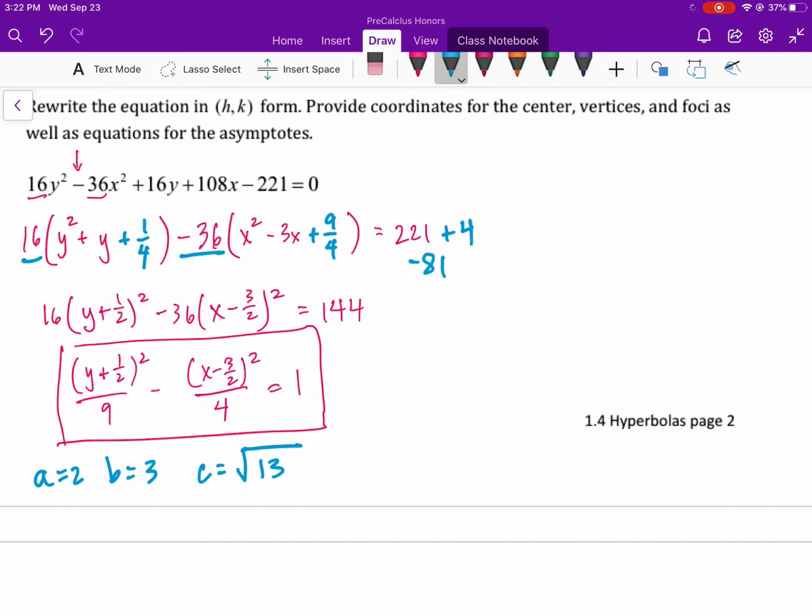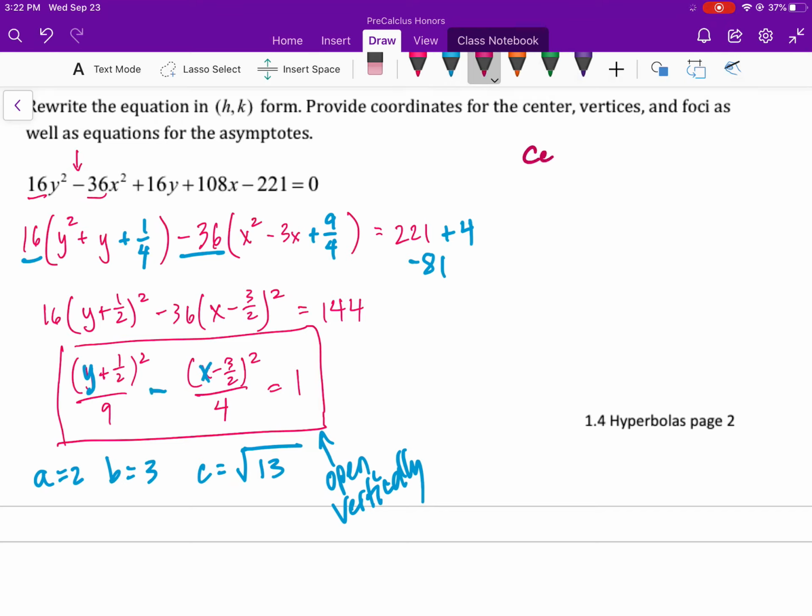It's also important to note that since it is our y terms minus our x terms, we know that this is going to open vertically. That is important because now we know that our vertices will be located above and below the center, as well as our foci. They'll be above and below the center, not horizontal left and right.